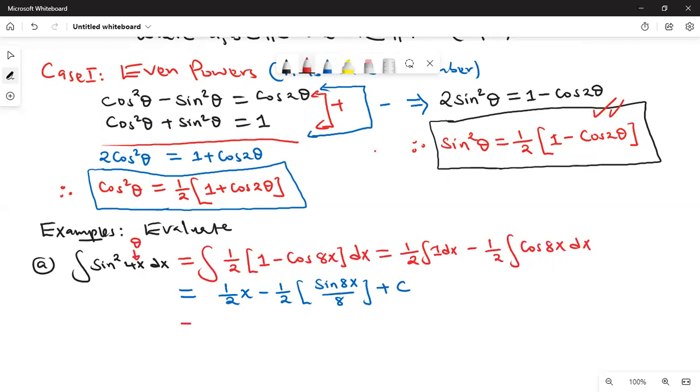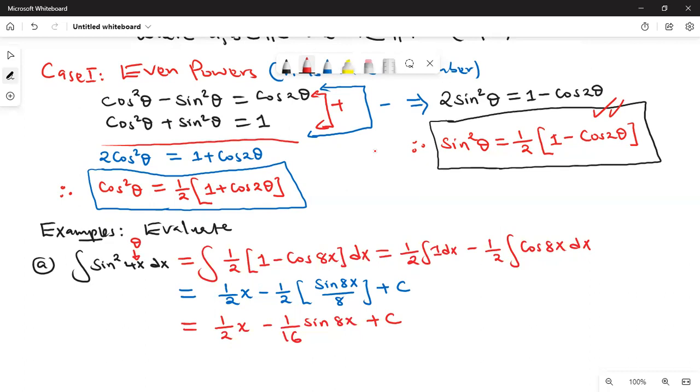If I simplify this, I'm going to get 1 over 2x minus 1 over 16 times sine 8x, added to c. C is a constant of integration.